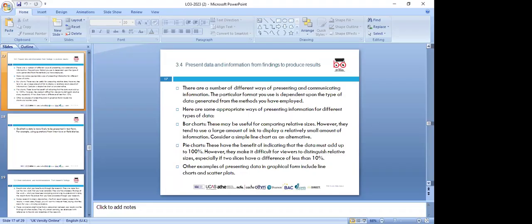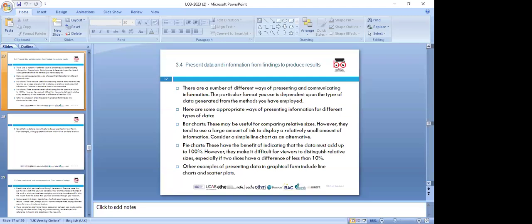Then pie charts have the benefit of indicating that the data must add up to 100. However, it makes it difficult for viewers to distinguish between relative sizes, especially if two slices have a difference of less than 10%. So it also tells you the shortcomings of pie charts as well.